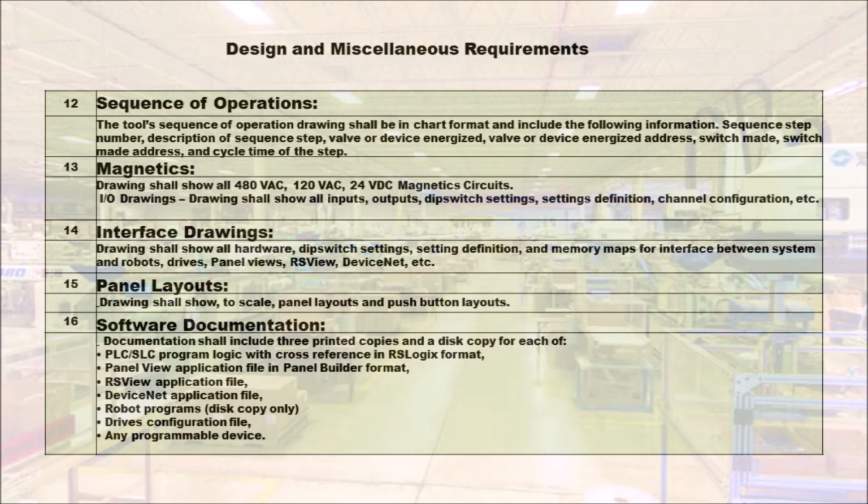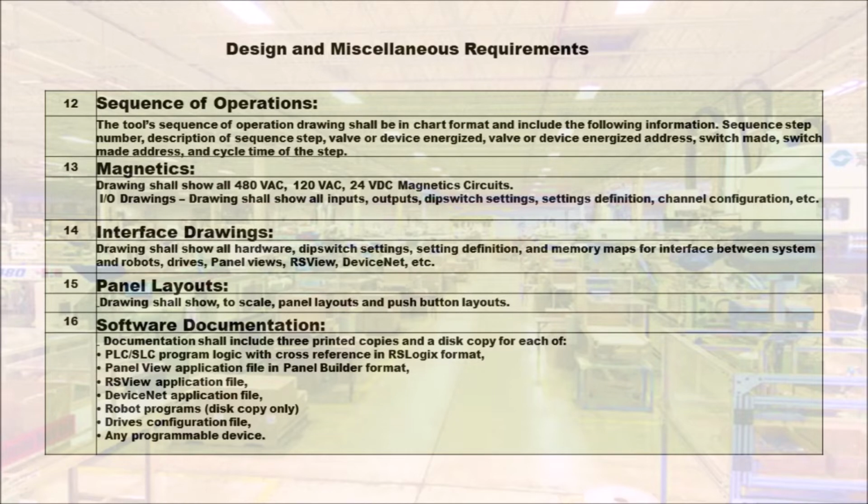15. Panel layouts. Drawing shall show, to scale, panel layouts and push button layouts. 16. Software documentation. Documentation shall include 3 printed copies and a disk copy for each of PLC SLC program logic with cross-reference in RSLogix format. PanelView application file in PanelBuilder format. RSView application file.